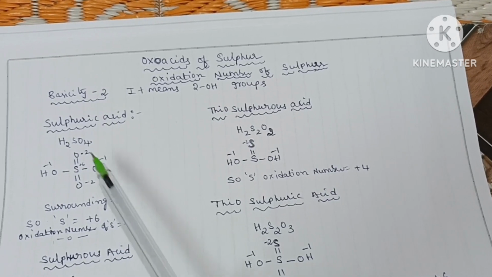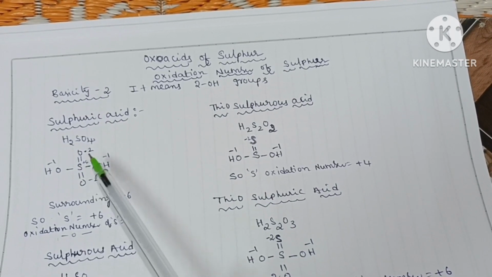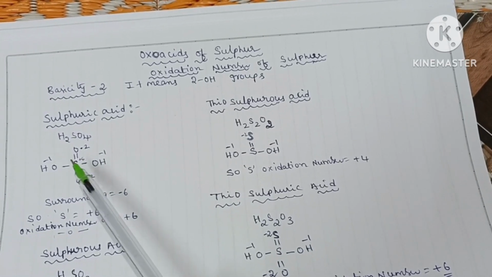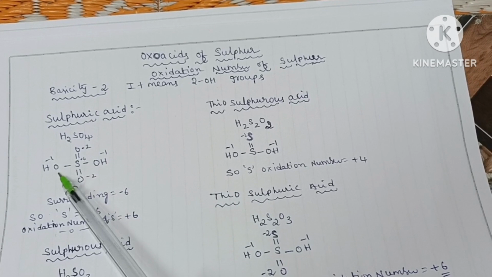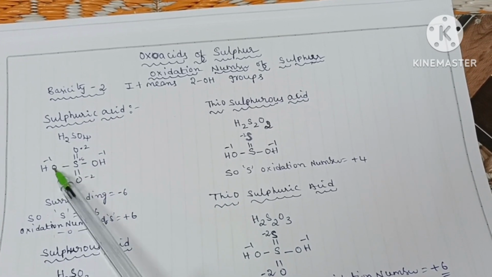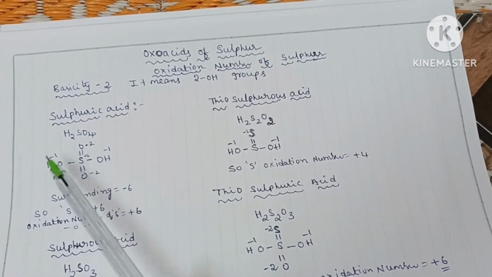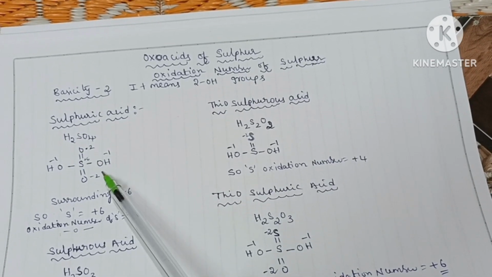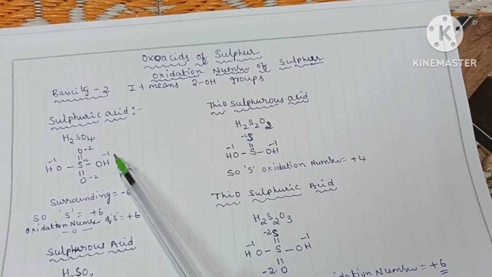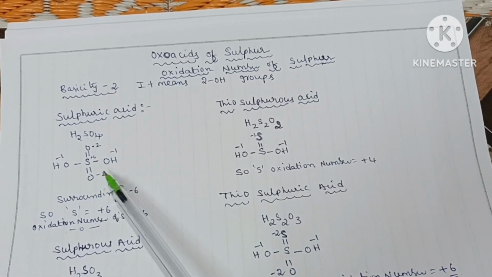Then you have to find out the oxidation number of sulfur. How to find it? First you take the remaining atoms. First of all, OH minus, so the OH group oxidation number is -1. Oxidation number of oxygen is -2. Again OH is -1, oxygen is -2.